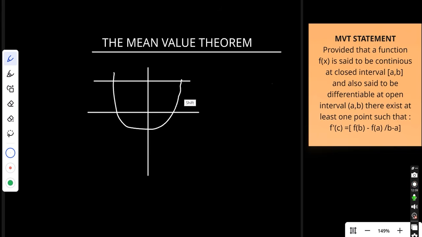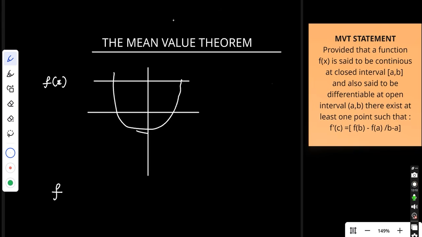Let's call this function f of x. If this function is to satisfy the mean value theorem, it must be continuous and differentiable.